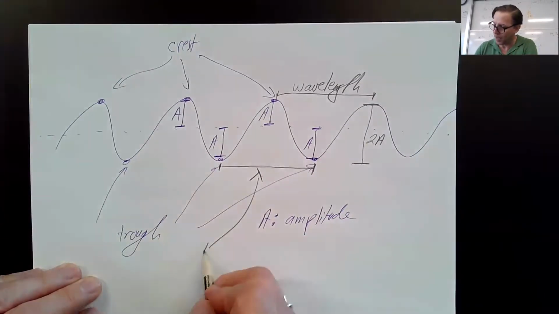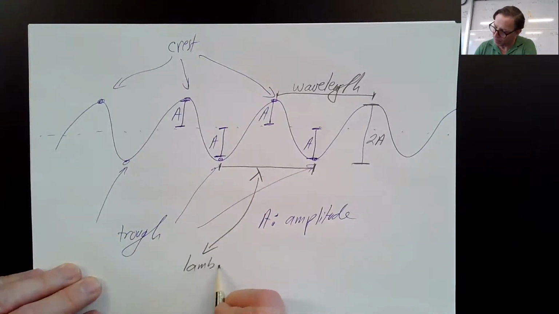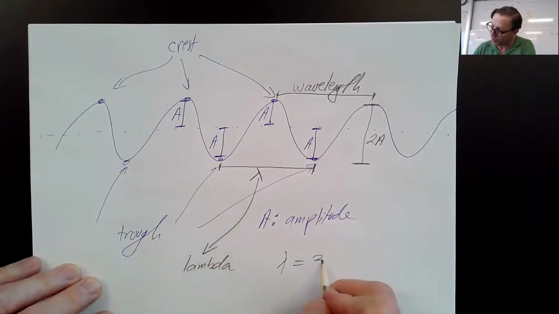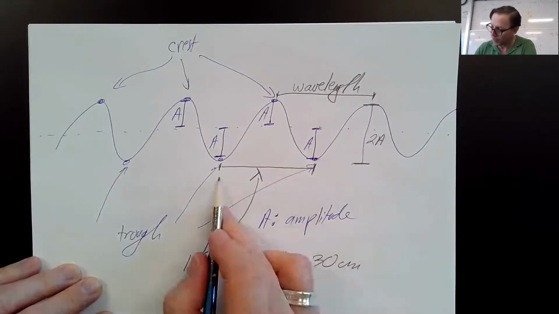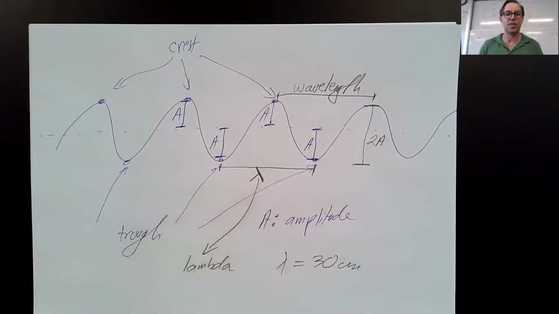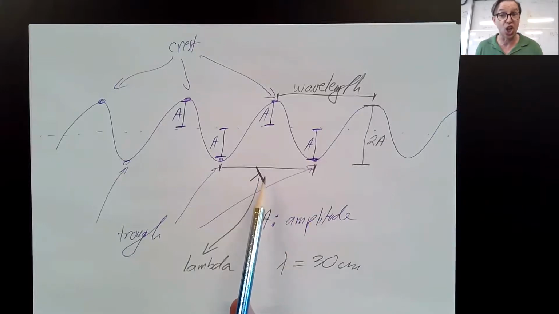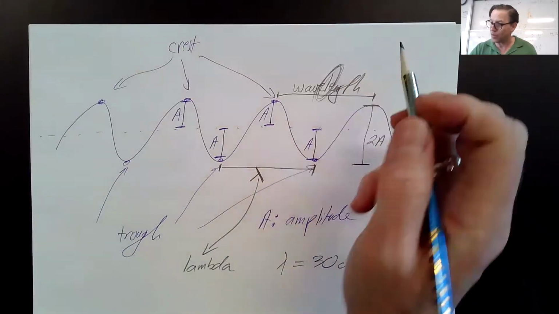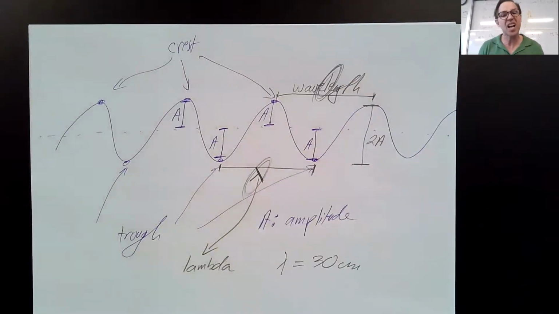It's spelled L-A-M-B-D-A. So if the wavelength is 30 centimeters, if this is 30 centimeters long, I would say lambda equals 30 centimeters, that distance. Lambda is a letter in the Greek alphabet. It probably makes the L sound, just like the letter L. So wavelength, we use lambda. So it kind of makes sense.